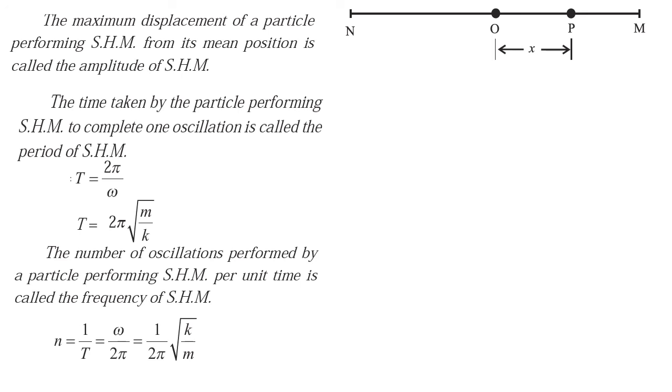Frequency is denoted by small n and it is the reciprocal of the time period. So n is equal to 1 upon T. T is what? 2 pi by omega. So frequency will be omega upon 2 pi, and that will be equal to 1 upon 2 pi into under root k upon m. That is the frequency of a particle performing simple harmonic motion.